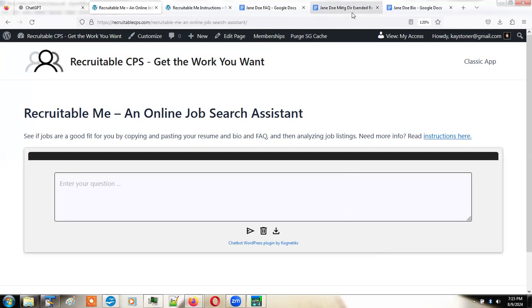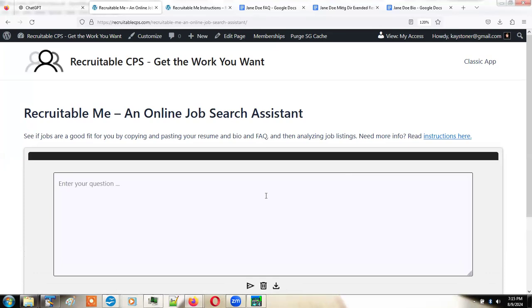Okay, so what we're going to do in here is copy and paste these three documents into here, and we're going to load up the system with the information in here. With AI, the more data you give it, the richer the data set it has to work with.